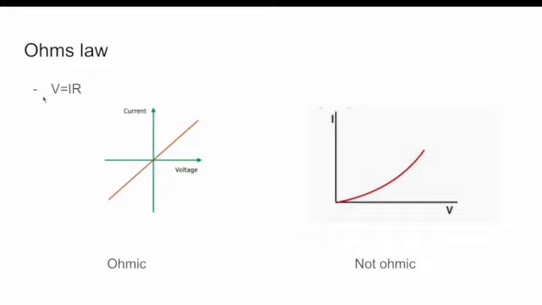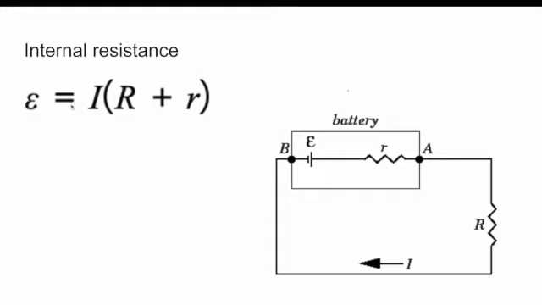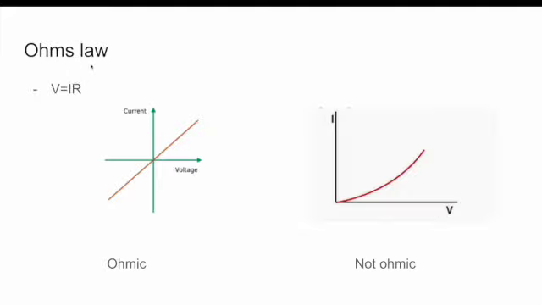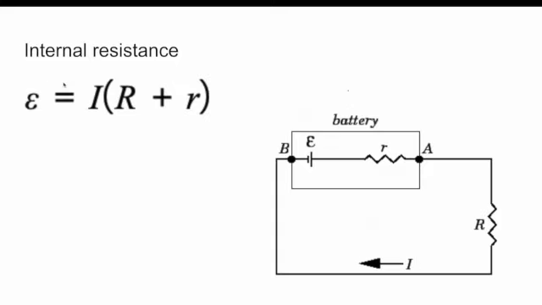Because right now, V is the same as E here, and IR plus I small r is what we have now. So if we just subtract I small r, we get I big R on the left, which means that V is just E minus I small r.